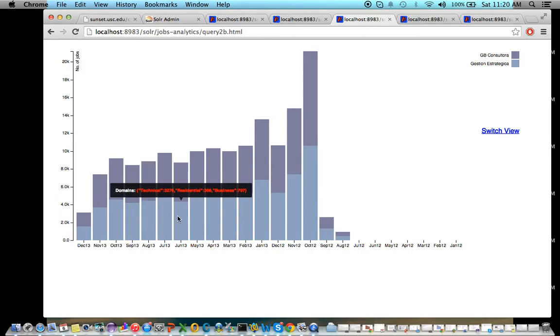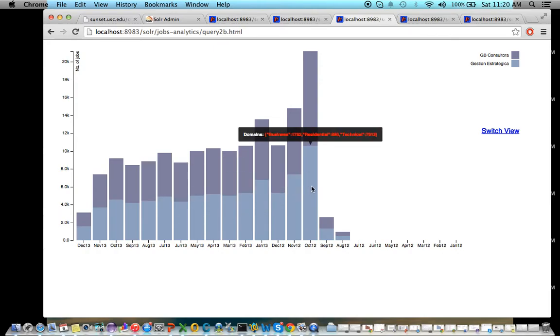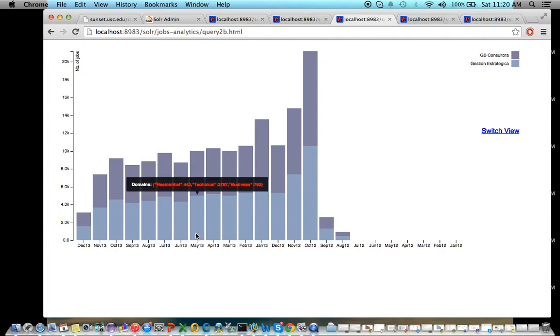The number of jobs in the technical domains is increasing comparatively, and thus from this information we can conclude that the companies are not entering new domains over time, but the frequency of jobs is increasing over the pre-existing domains.